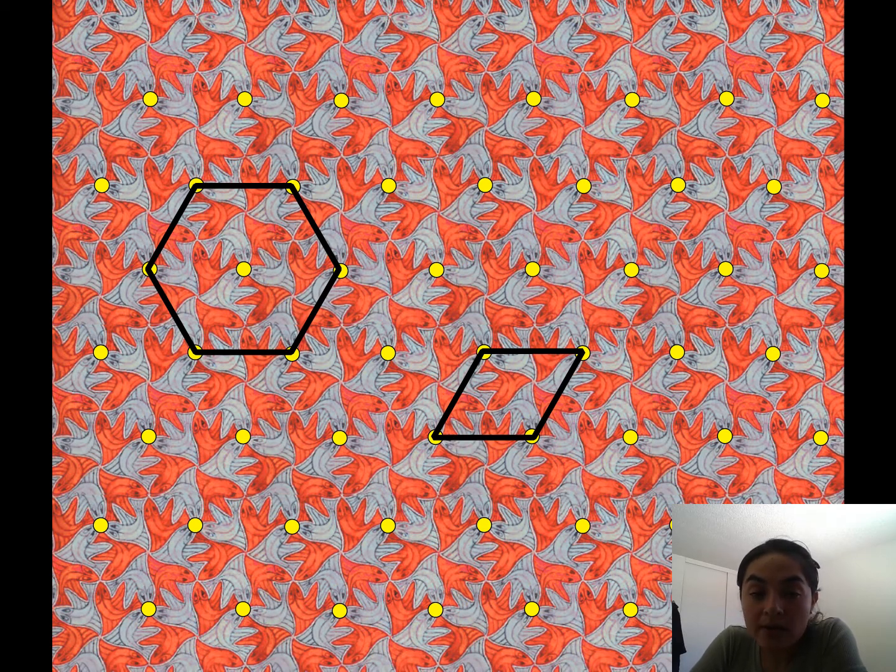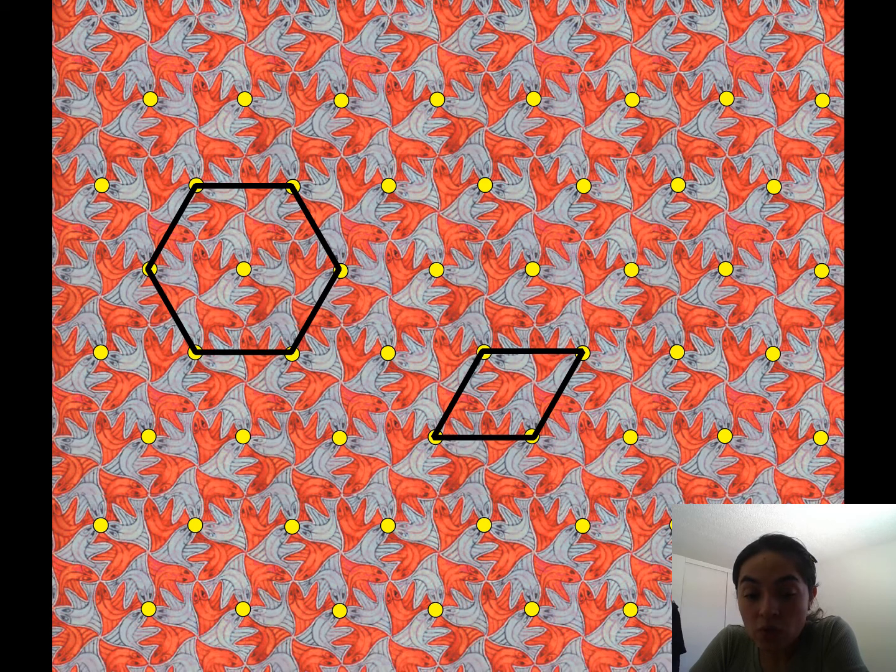Now we also identify the primitive unit cell as having one lattice point, or in this case, if we're looking at 2D, one mesh point. You can think of this as a parallelogram, with angles of 120 and 60 degrees. At 120, we have 1/3 of the mesh point.